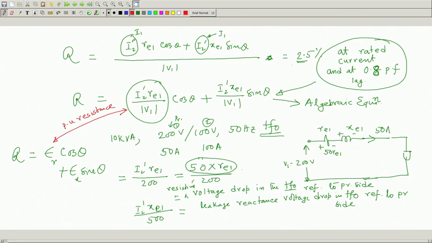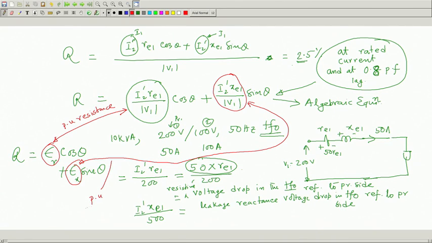This number you would like to be definitely less. Out of the total rated voltage, the less gets consumed by the transformer, the better, so that regulation will improve. Similarly, this number is epsilon x. This is called epsilon r, and epsilon x is the per unit reactance of a transformer.